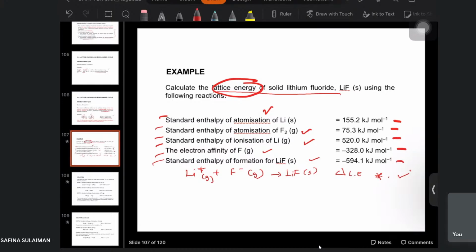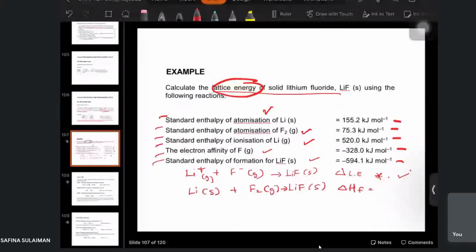Okay, so kita tengok kepada standard enthalpy of formation of LiF. So apa dia punya equation for LiF? Iaitu lithium in solid state plus F2 gas produce lithium fluoride solid.